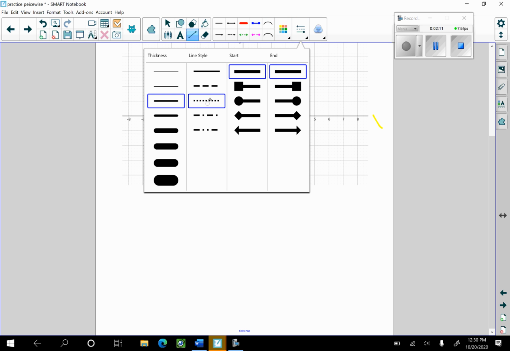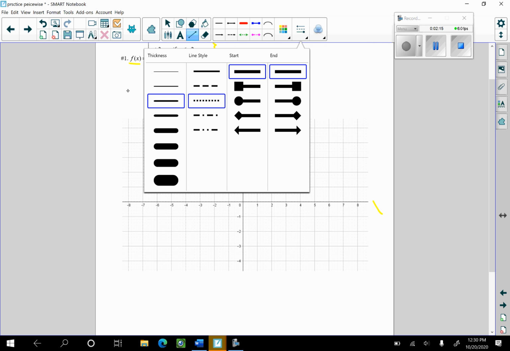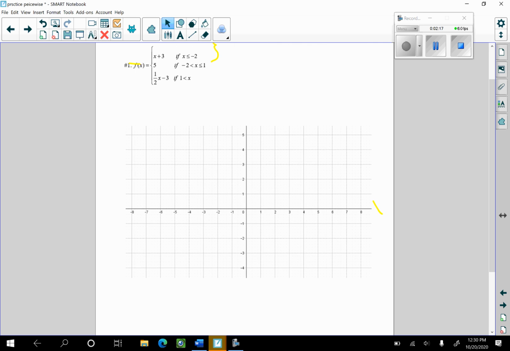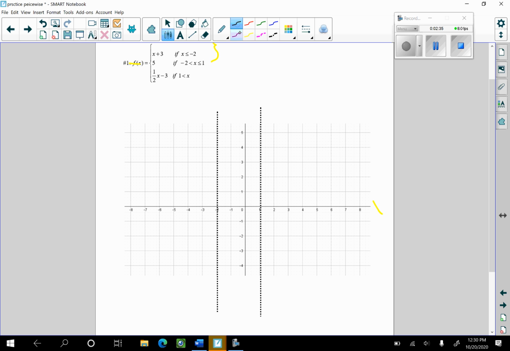So I'm going to make a vertical line at x equals -2, and I'm going to make a vertical line at x equals 1. And I'm going to mark those vertical lines.